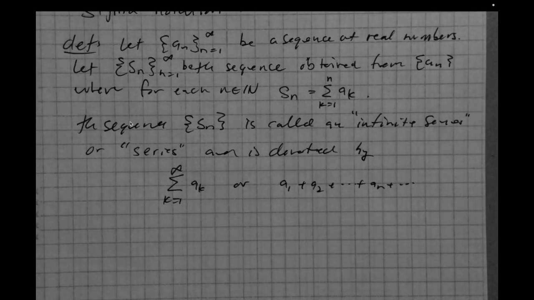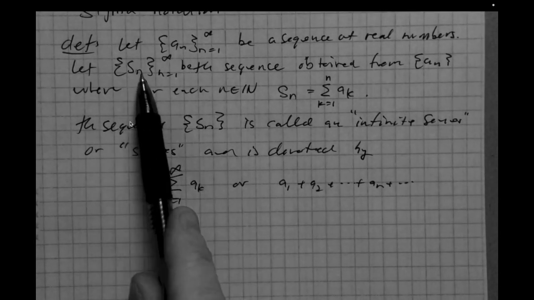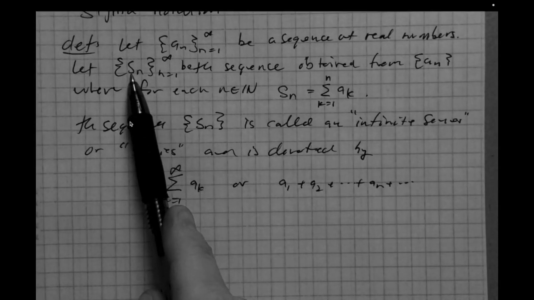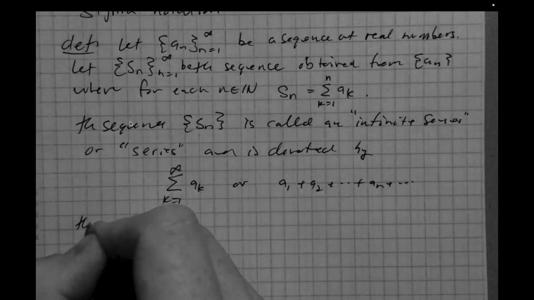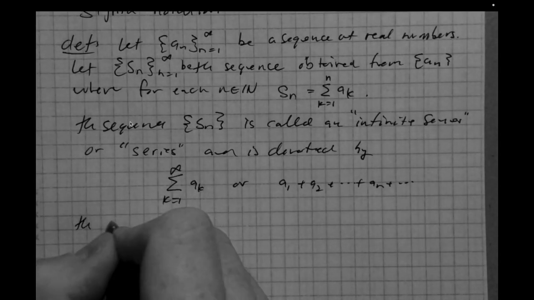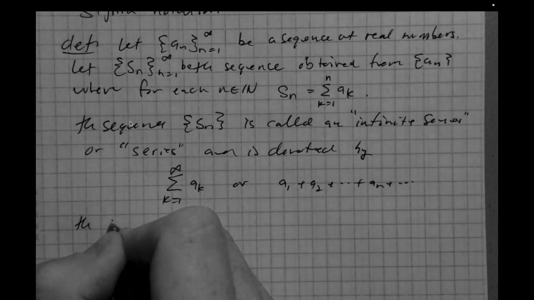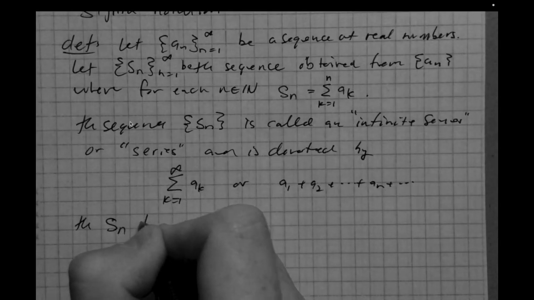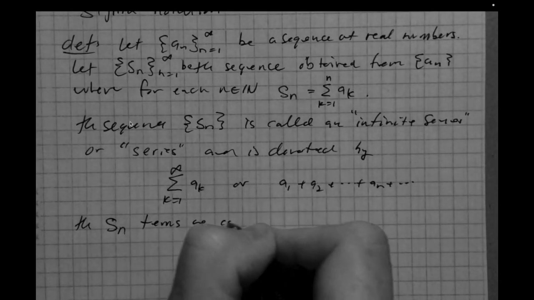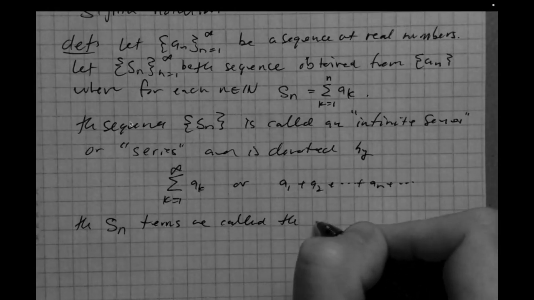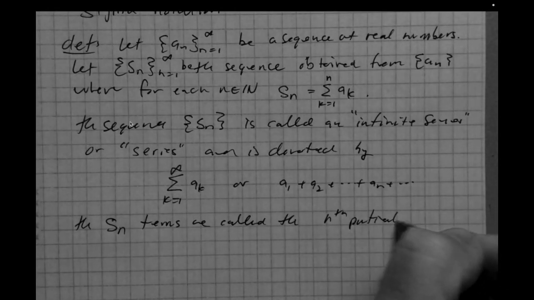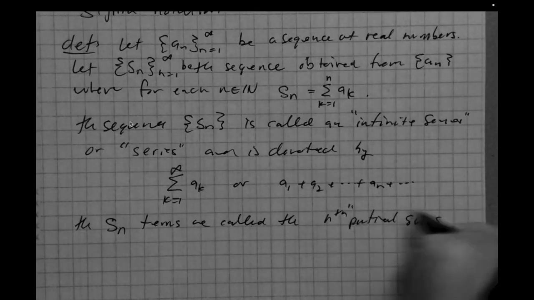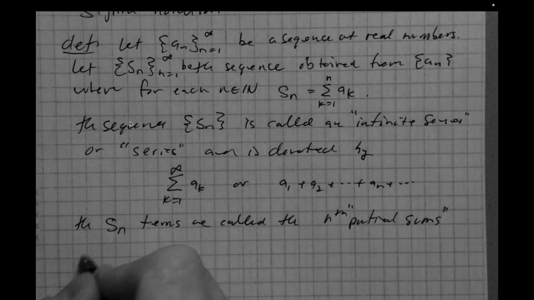And the terms of this s sub n sequence are called the nth partial sums of the series.